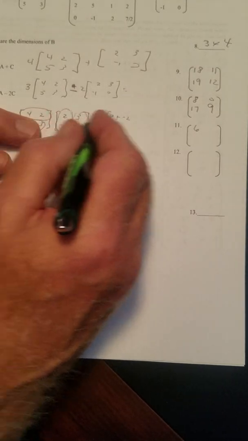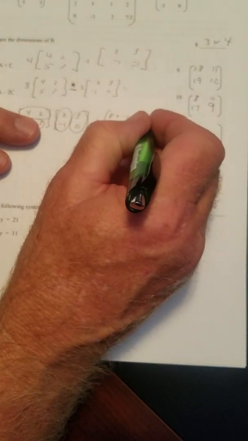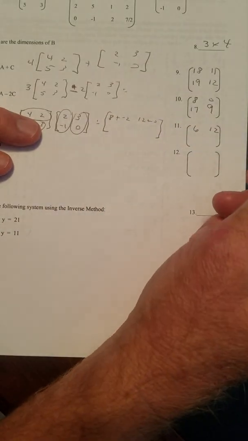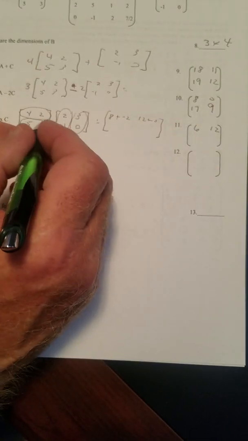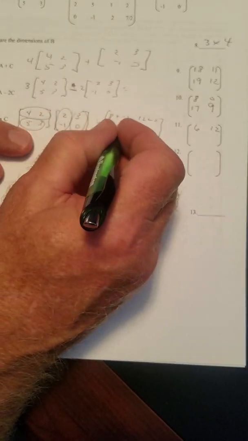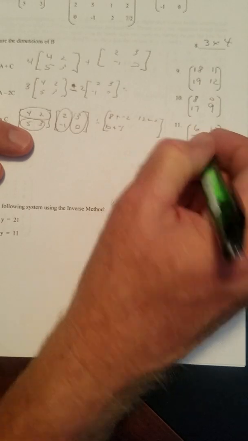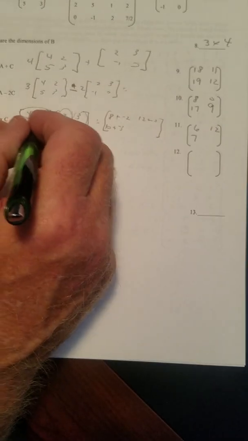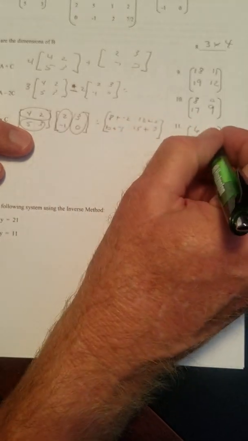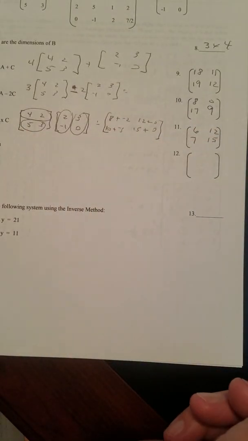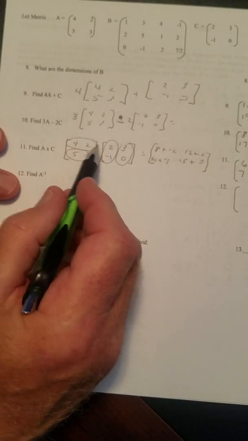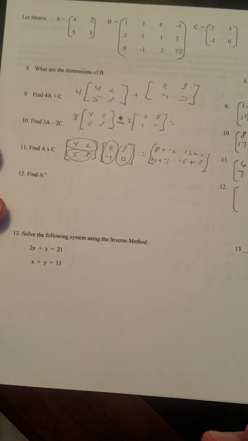First row, second column: 4 times 3 is 12, 2 times 0 is 0, so 12. Second row, first column: 5 times 2 is 10, plus 3 times negative 1 is negative 3, so 7. 5 times 3 is 15, plus 0 is 15. Big thing on multiplication, make sure you don't just take 4 times 2 and 2 times 3 like you would to add and subtract.